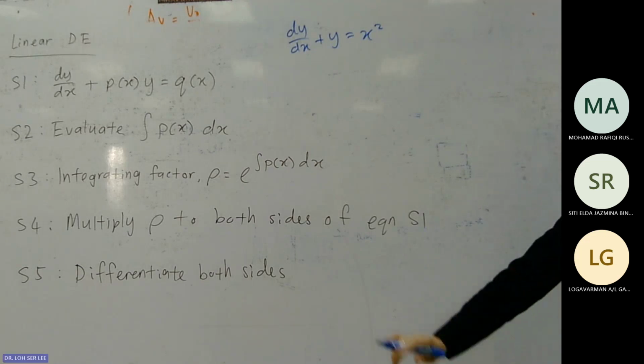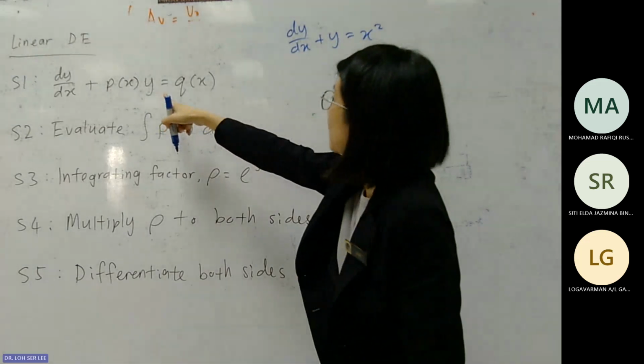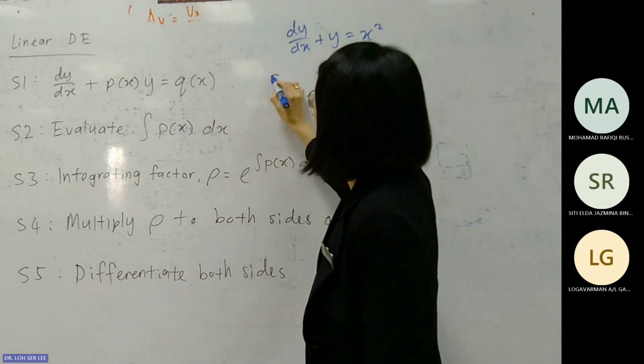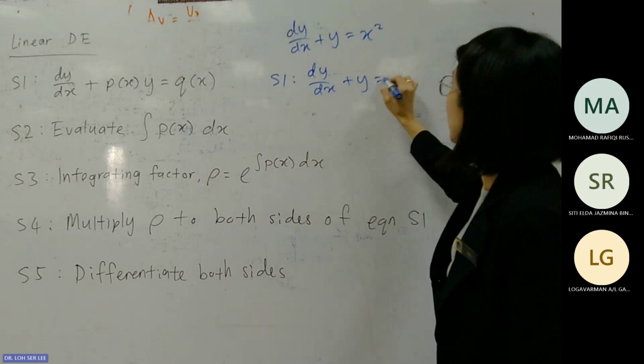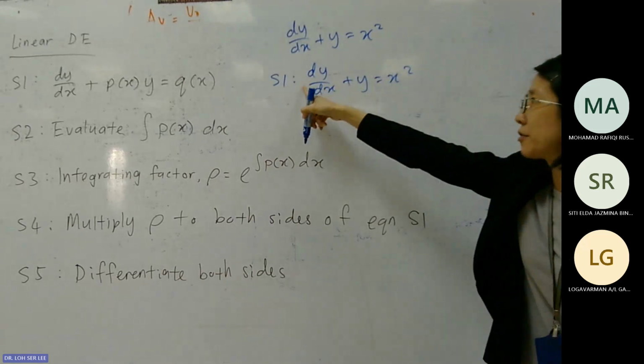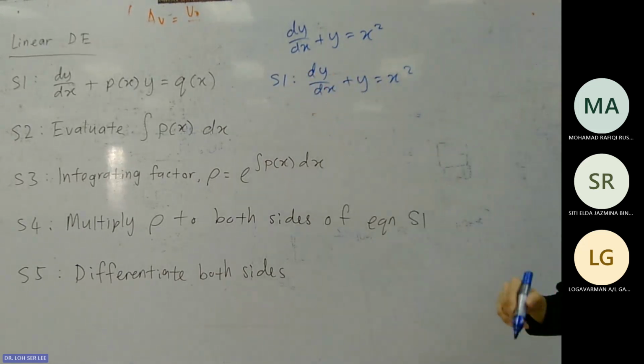So this is your step 1 function, because the coefficient function of dy/dx is 1. This is what we want.